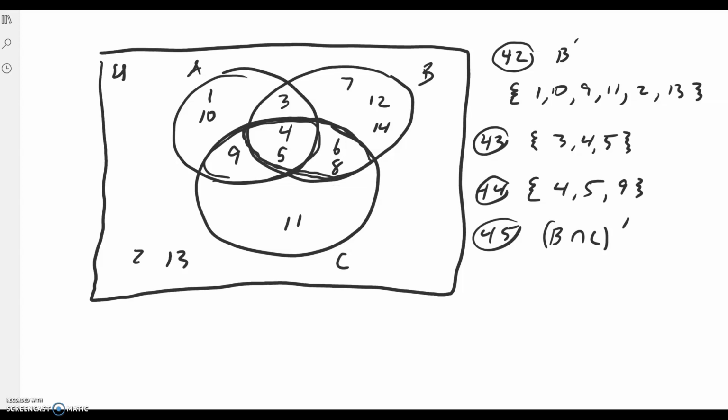So we want the numbers 1 through 14, skipping 4, 5, 6, and 8. So 1, 2, 3, we're skipping 4, 5, 6, 7, we're skipping 8, 9, 10, 11, 12, 13, 14.